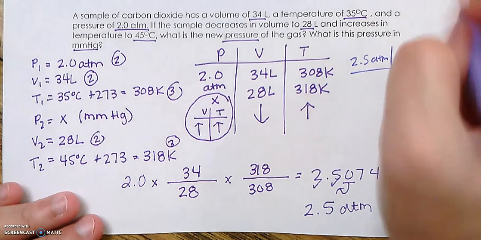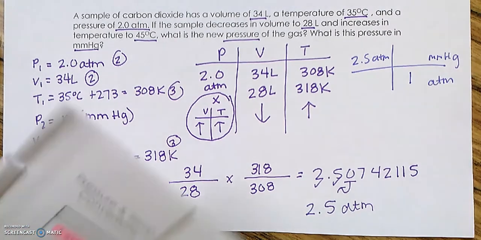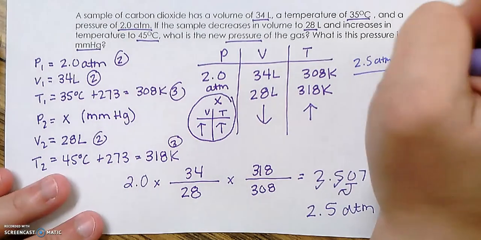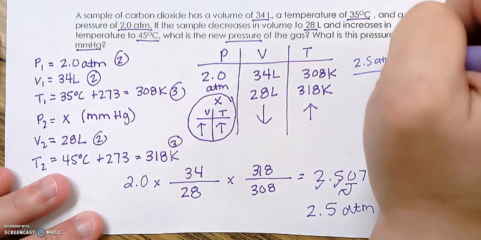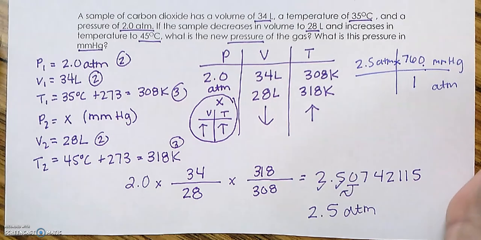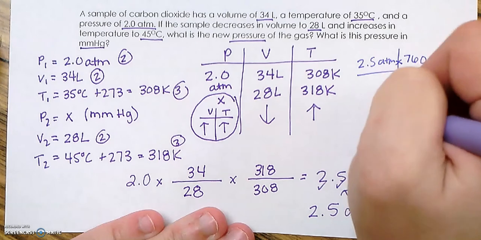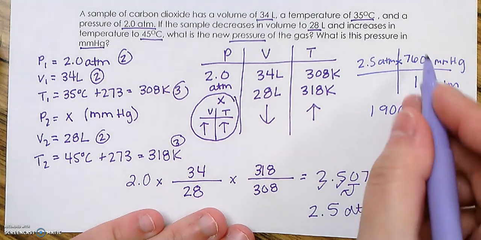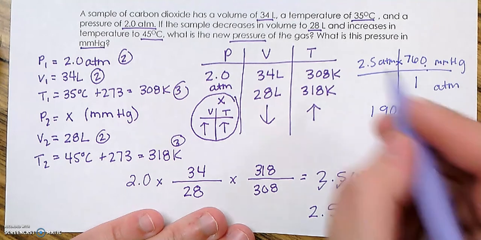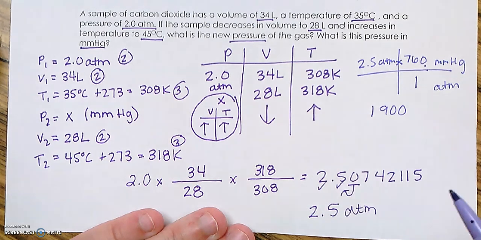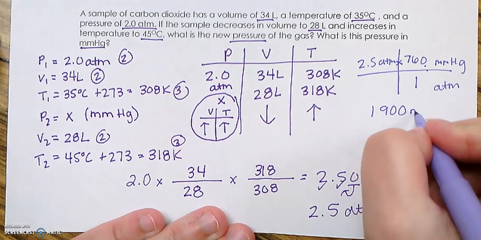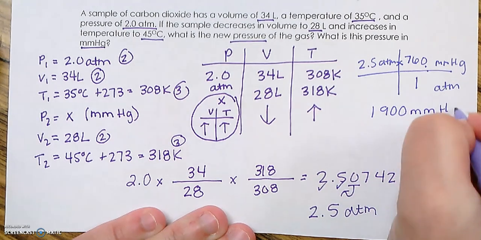The number in front of atm right here needs to be 1. And for millimeters of mercury, it is 760. So 760. Multiply across, divide down, and I get 1,900. Our conversion factors here do not count into our sig figs, so only this, which we just said was 2. I have 1, 2 here, so I'm good with that. So millimeters of mercury.